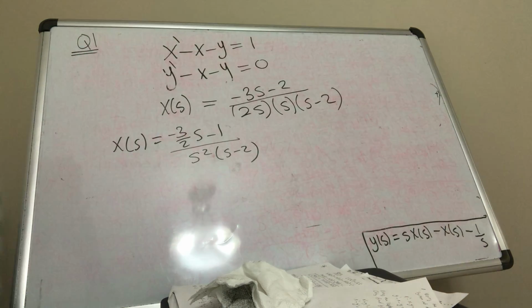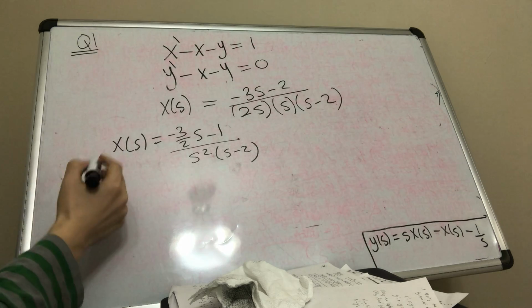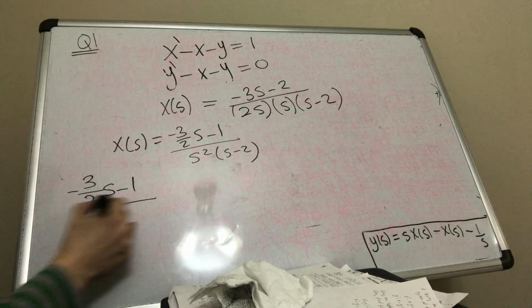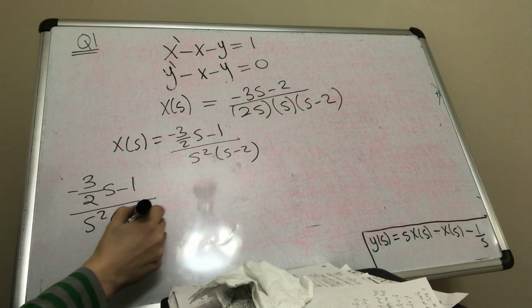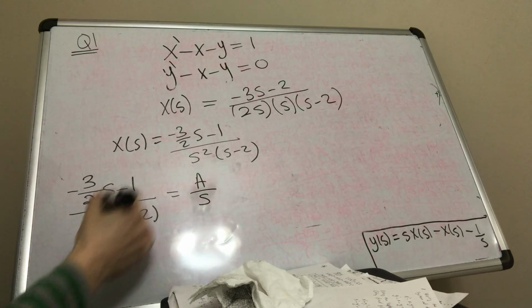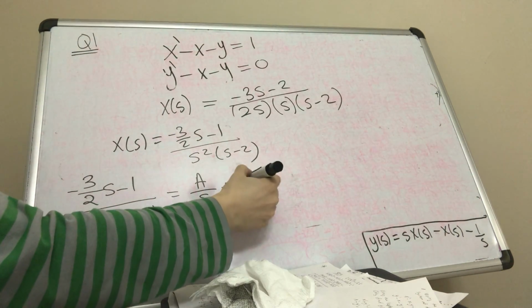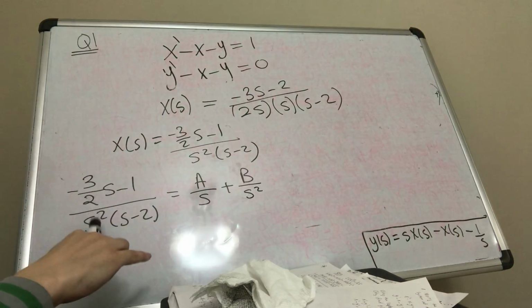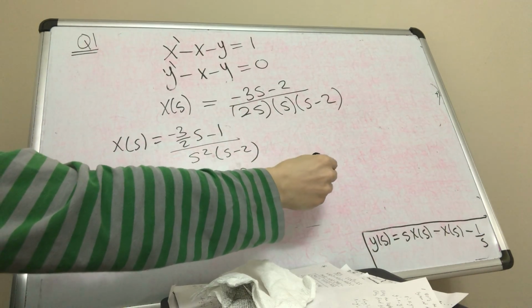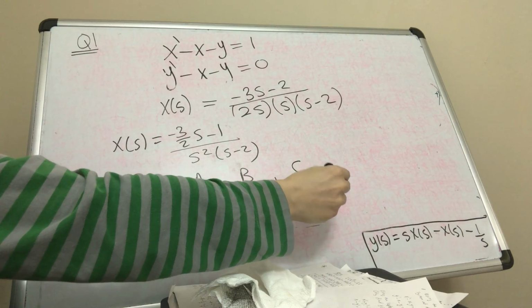Because the partial fraction for this is a little bit different. It will be A over s and B over s squared, since it's repeated, and C over s minus 2.